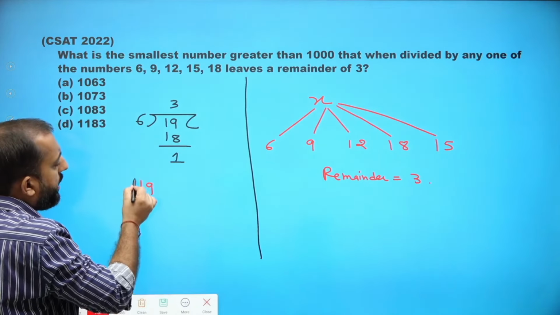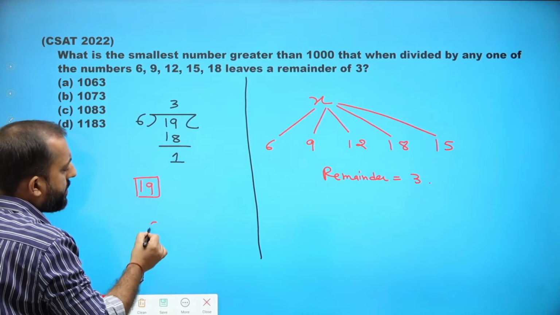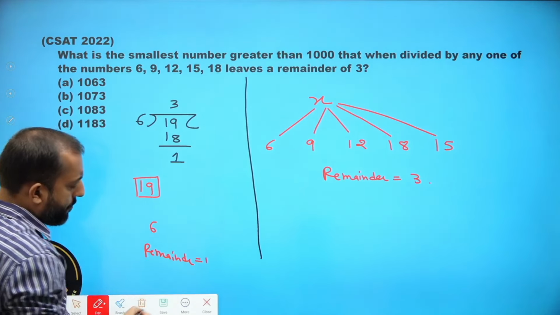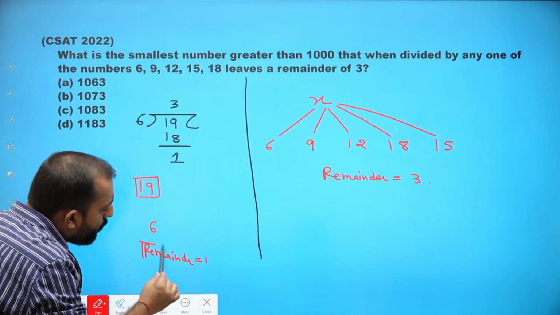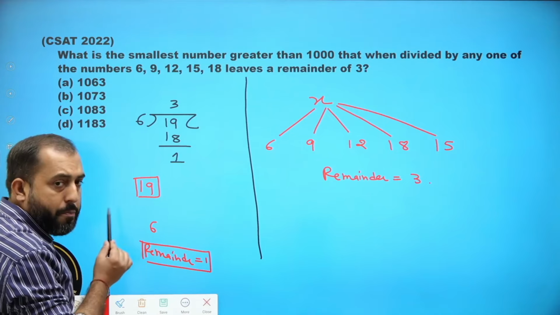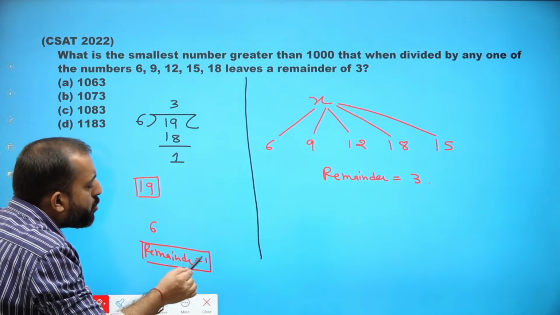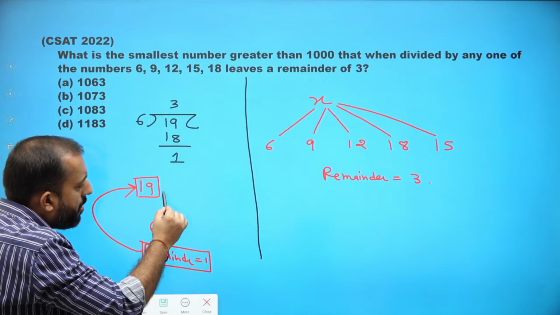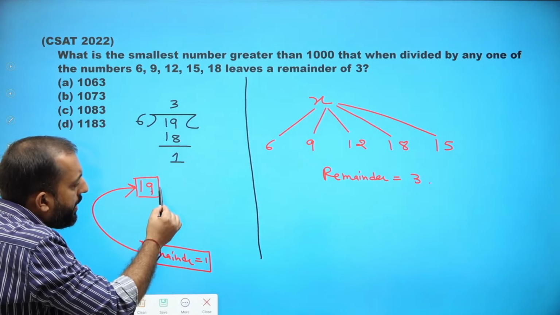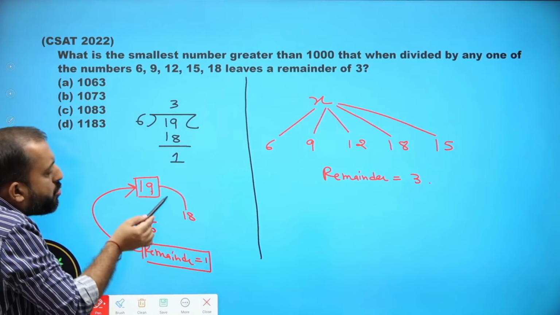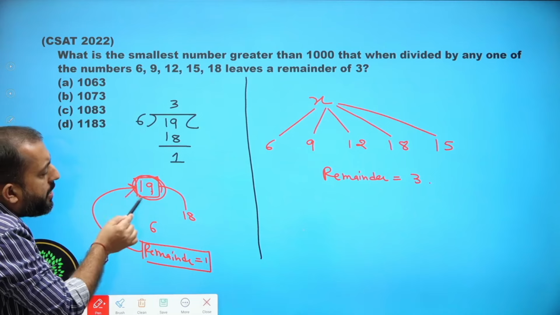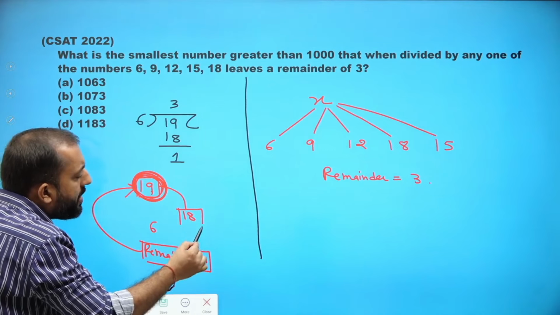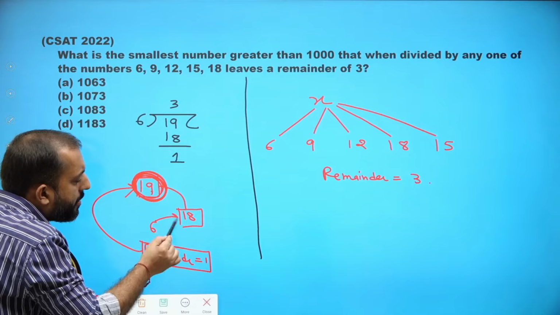We divided 19 by 6 and the remainder was 1. What does this remainder 1 indicate? It means if I subtract this 1 from the dividend, which was 19, I'll get 18. So subtraction of the remainder from the given number will produce a multiple of the divisor.